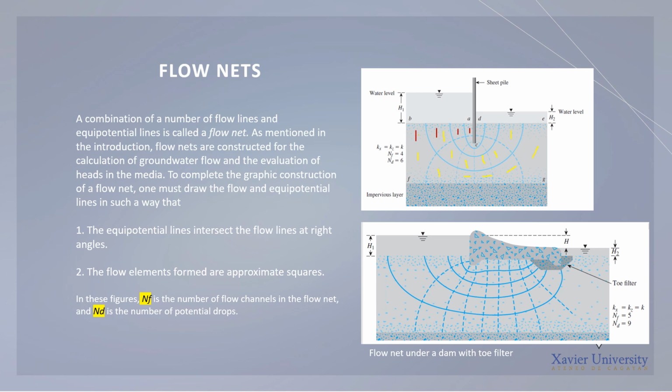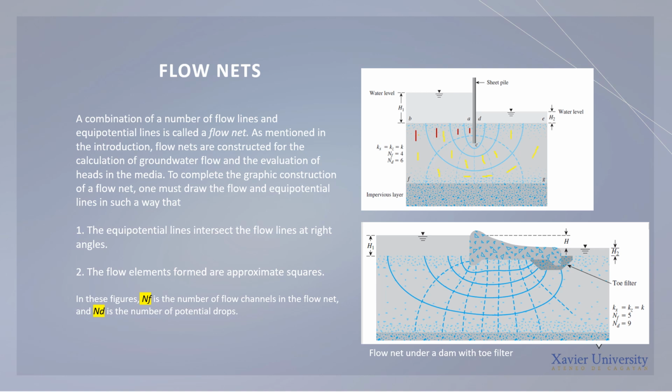So if we consider this figure here, we are going to count the number of flow channels, or NF, and the number of potential drops, which is ND. Let us first count the number of flow channels.